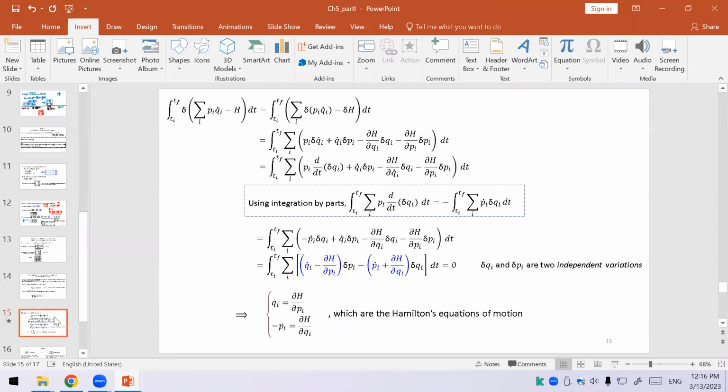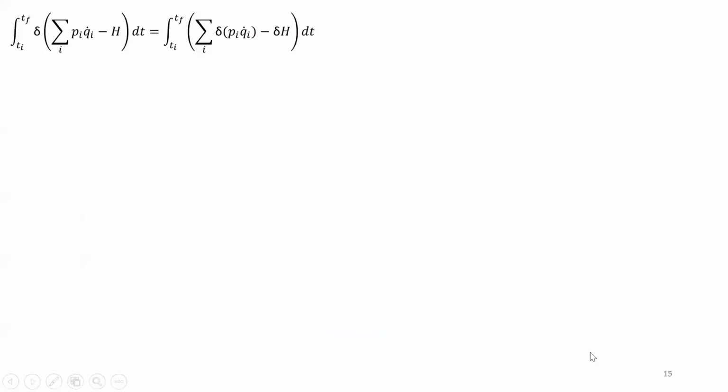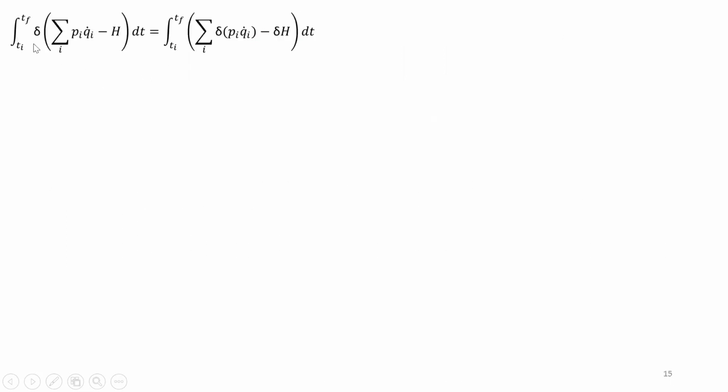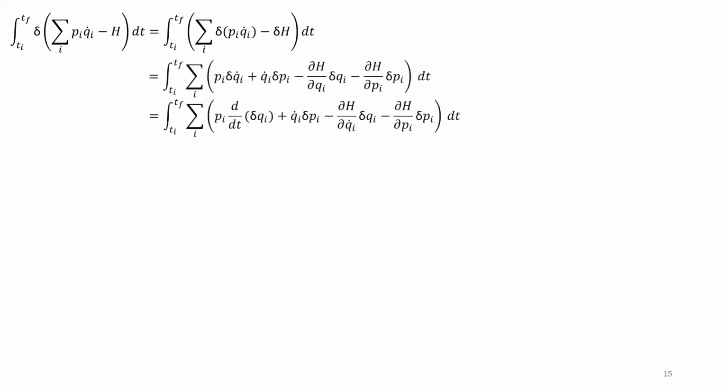I don't think I will follow all the steps very slowly or in detail, but just remember the rules of using this delta notation: if a delta is outside, you can move it inside.